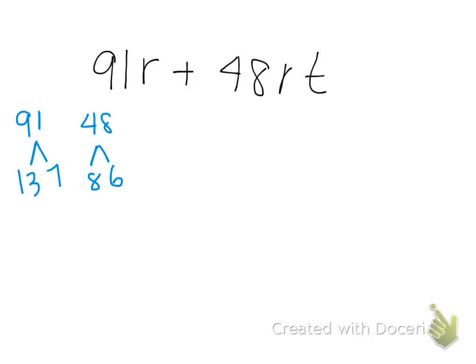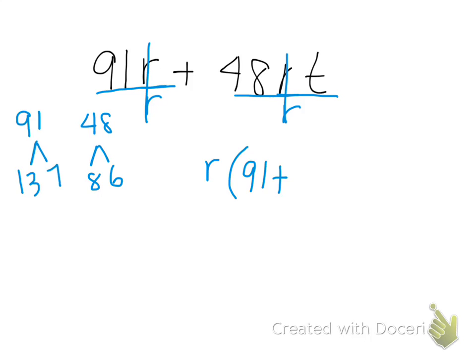But we do notice that we have an r in both of the terms. So our GCF, what we're going to factor out, is actually just a variable. So we factor out that variable, and we find that it's 91 plus, and those r's cancel out again, so it's 48t. So whatever you factor out may not even be a number, it might be a variable. And that variable is still your GCF.